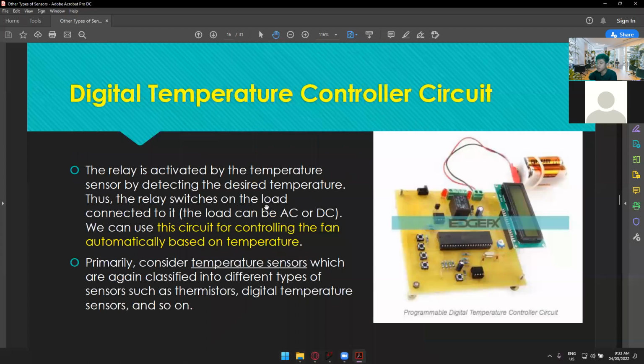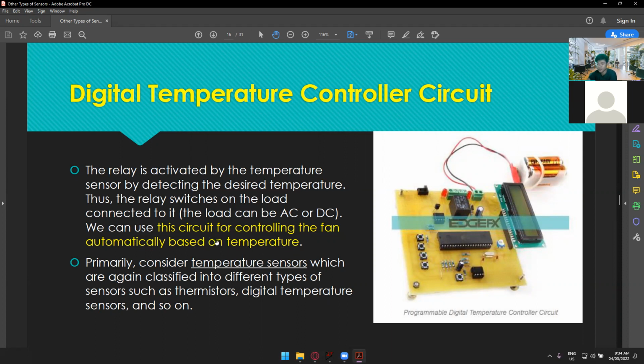Okay, and then we also have here a digital temperature controller circuit. Well, the only difference is maybe this one can display some information with the use of an LCD display. So this is a circuit for controlling the fan automatically based on temperature. I guess this one is very straightforward.